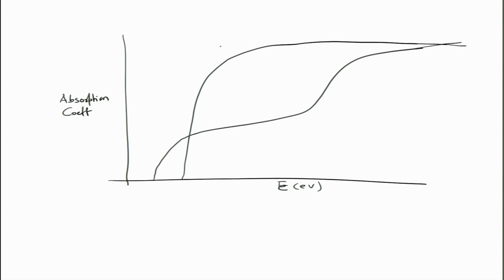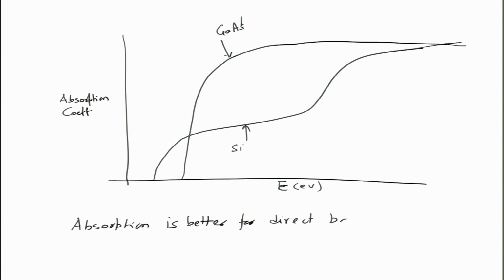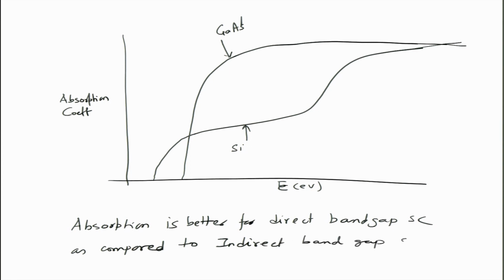So, this would be gallium arsenide and this would be silicon. Generally, absorption is better for direct band gap semiconductors as compared to indirect band gap semiconductors. So, this is in general the possibility.